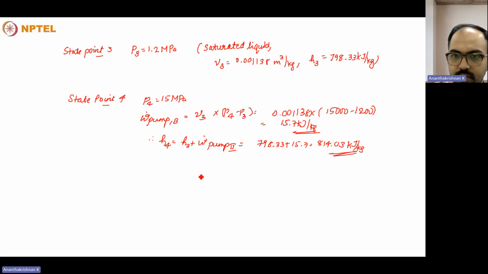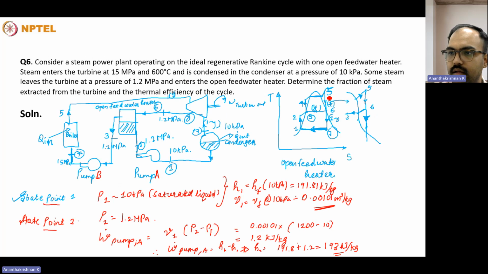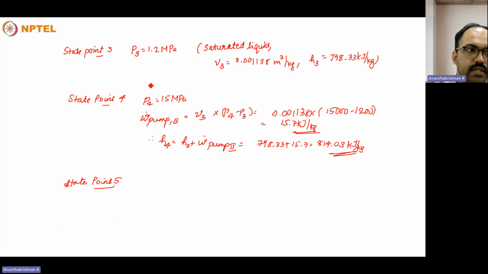Just like the same approach, state point 5 will be the exit of this particular point. It will be at 15 megapascal and 600 degrees Celsius. It's a superheated condition. P5 will be 15 megapascal and T5 will be 600 degrees Celsius.